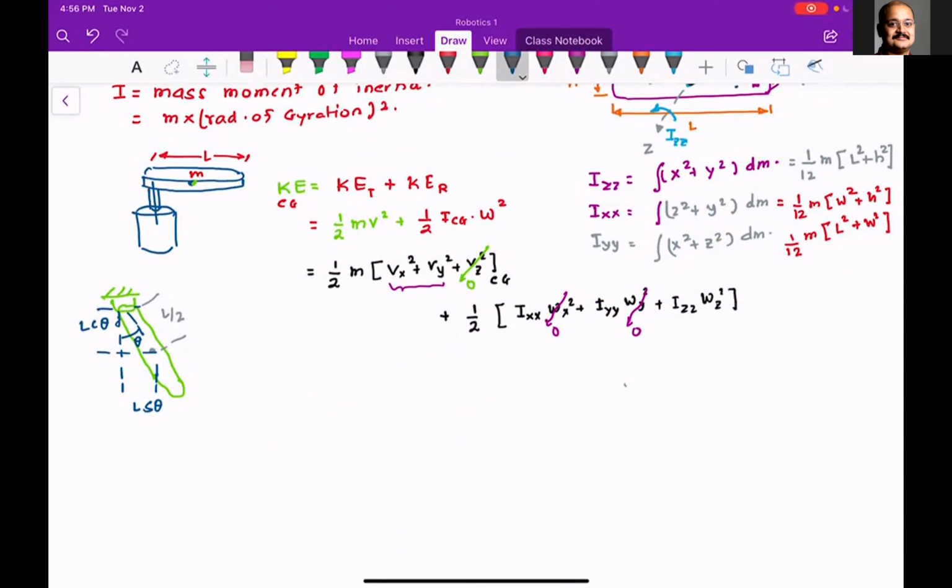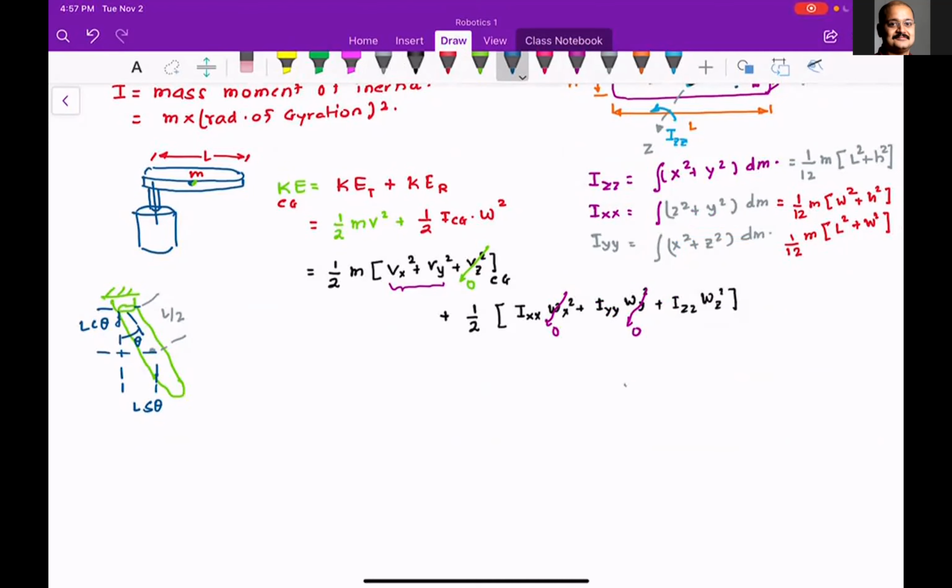Then you find the velocities in x direction and y direction by differentiating L sine theta and L cosine theta. Do you agree with me? They become the reverse of each other with a theta dot. You square and add, and sine square theta plus cosine square theta becomes 1, and you are left with L by 2 theta dot square. Everyone understood this?